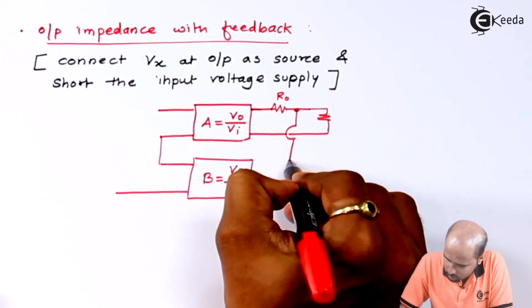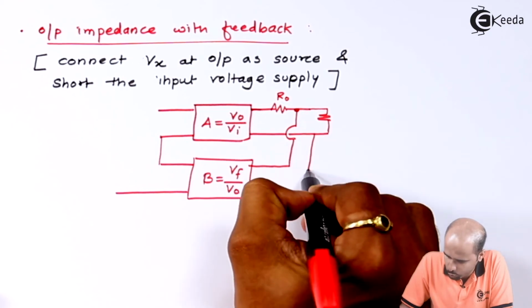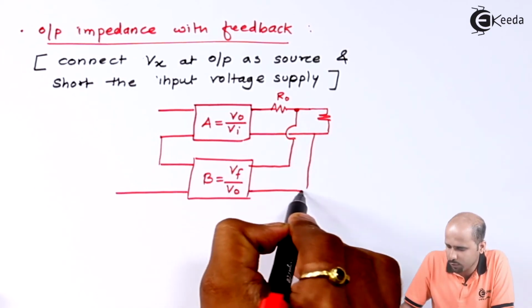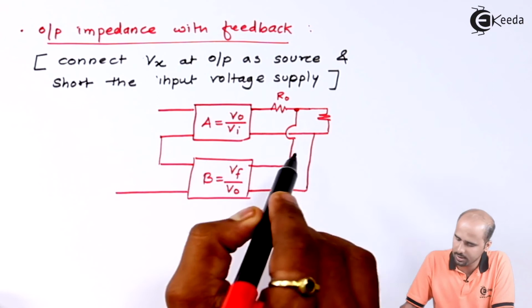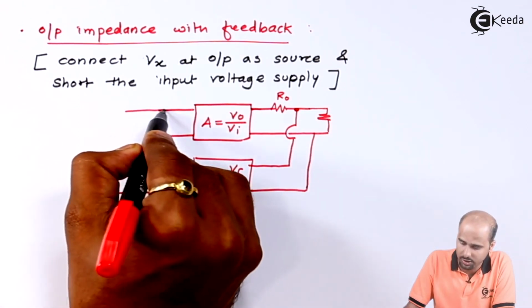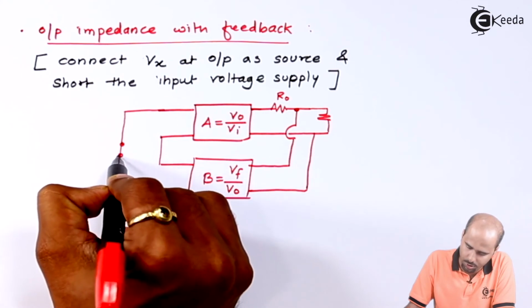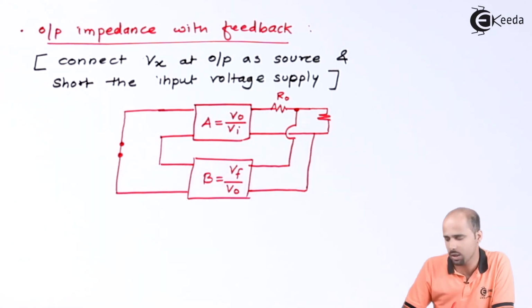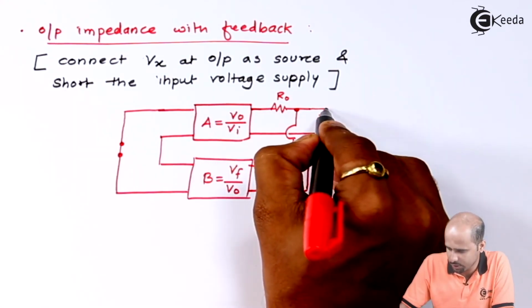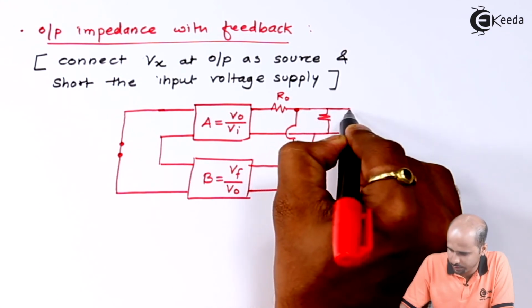From here, the same voltage Vo we have to connect at the input side of the feedback, right? This is the connection, and the important thing we have to consider is to short circuit your input side, okay? I have to connect this Vx.